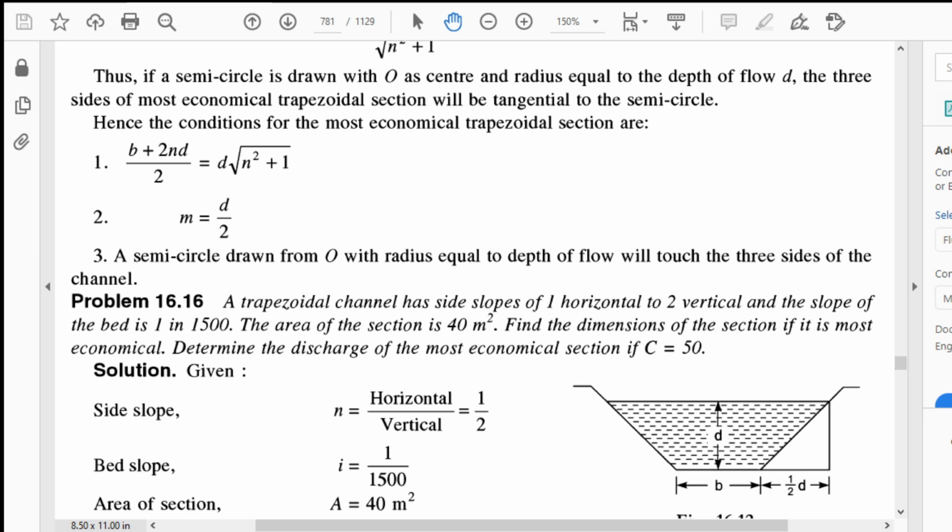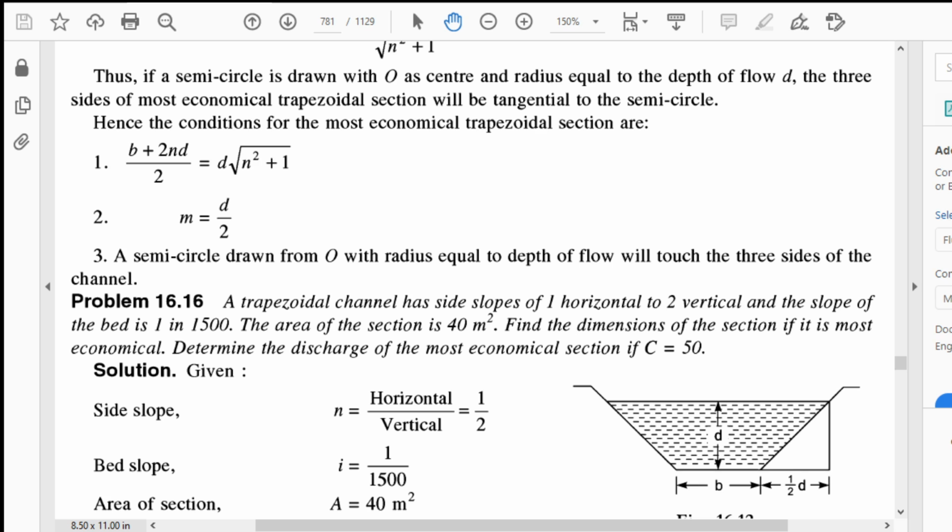I hope up to this you have understood what is meant by most economical section. Again I will repeat: the most economical section, or best section, is that section whose cost of construction is minimum.